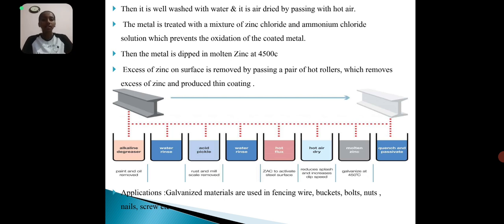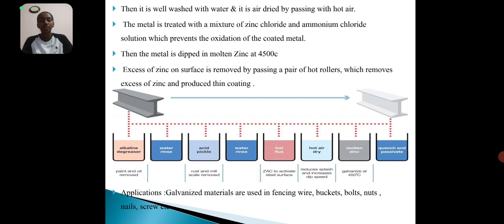Then the metal is well washed with water and is air dried with hot air. The metal is treated with a mixture of ammonium chloride and zinc chloride solution which prevents the oxidation of the coated metal. Then the metal is dipped in a mixture of zinc chloride and ammonium chloride.